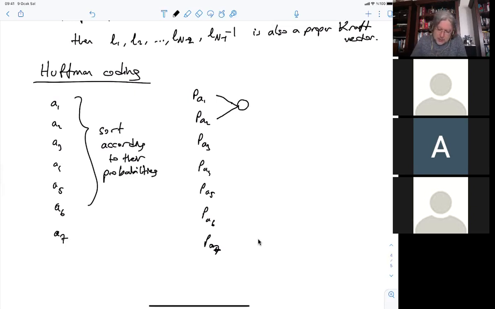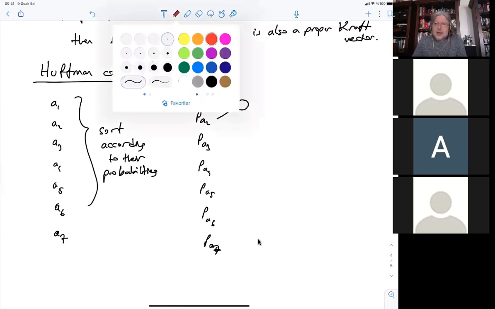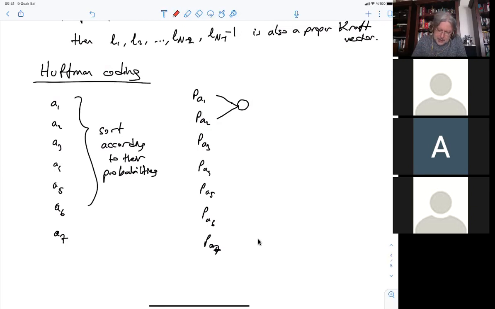And the probability of this node is now the summation of these least probabilities, that is probability of A1 plus probability of A2. And I'm going to call it probability 1. It's just a number, but those two probabilities are added. Now, you can think of that node as a root or a symbol which denotes two symbols, PA1 from one side and PA2 from the other side. It's the combination of these two symbols.